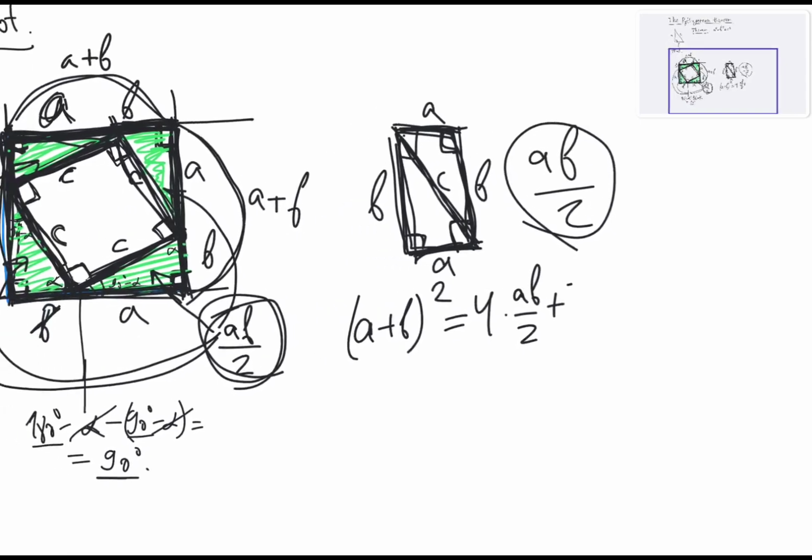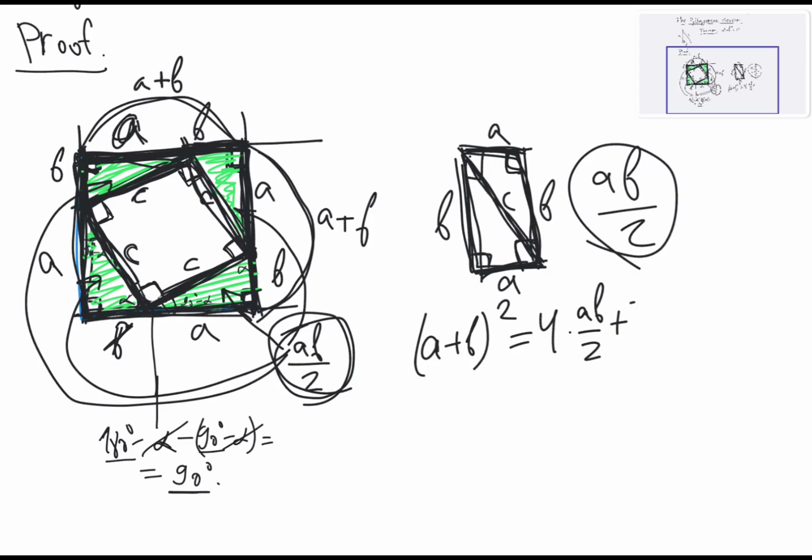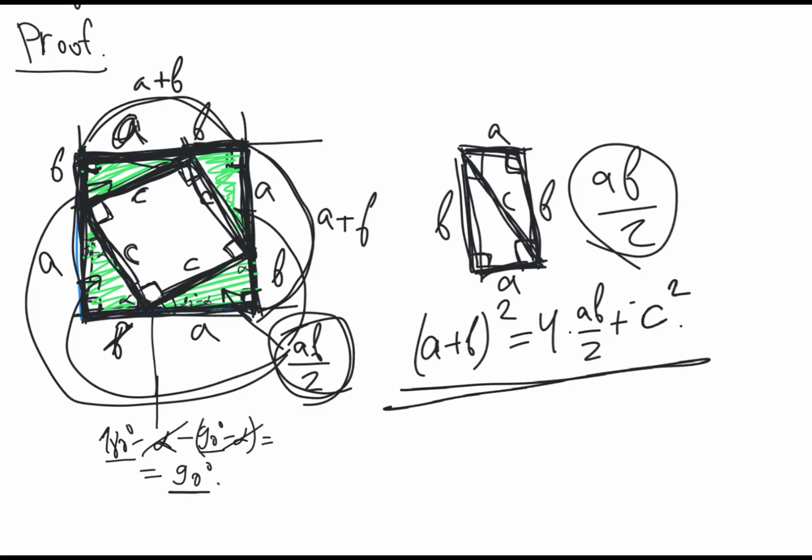So the area of this square would be C squared. So what we wrote here is the area of this large square with the side A plus B, calculated in two different ways. On the one hand, it's A plus B, the side of the square, squared.